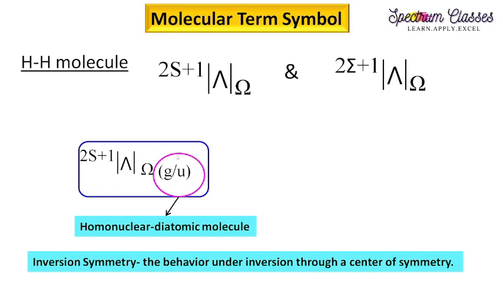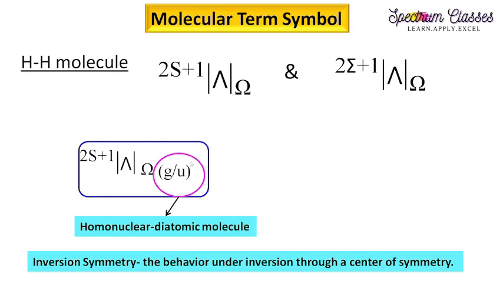Moreover, these g and u designations, which are written as a subscript on the right-hand side of the molecular term symbol along with the total angular momentum quantum number, are applicable to homonuclear diatomic molecules, or to molecules which have a center of symmetry, for example the CO2 molecule or C2H2 molecule.